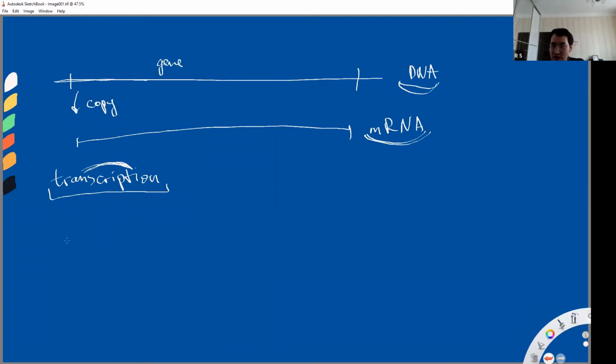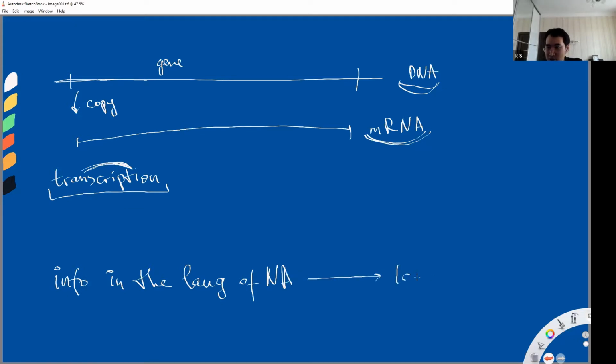And when you have this information in the language of nucleic acids, you need to somehow translate it into the language of proteins. And for that, you need a translator, the so-called dictionary, or you can find a lot of terms to name it.